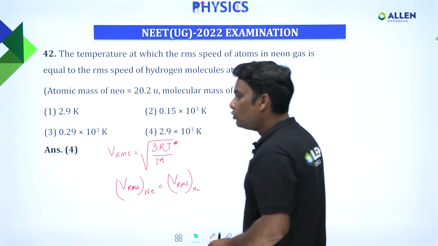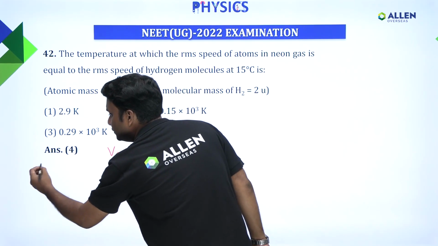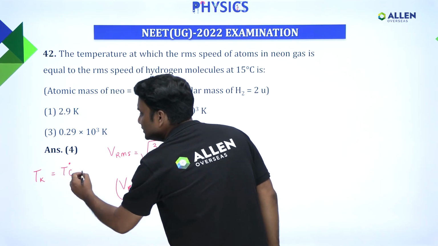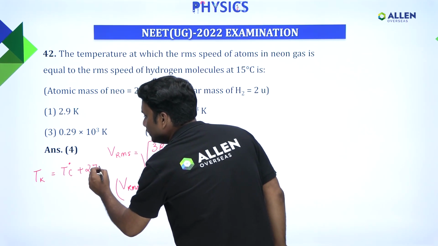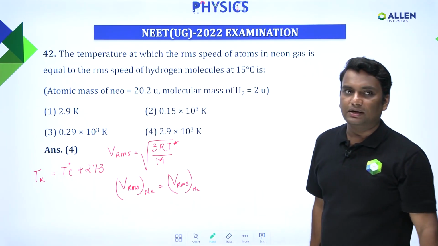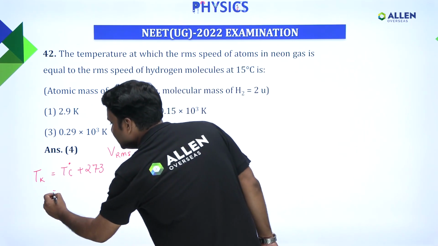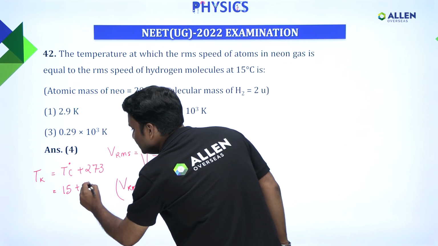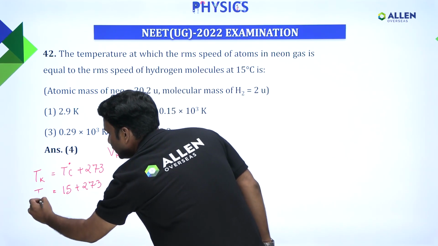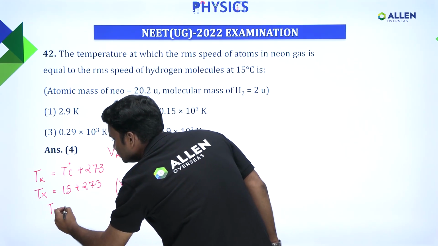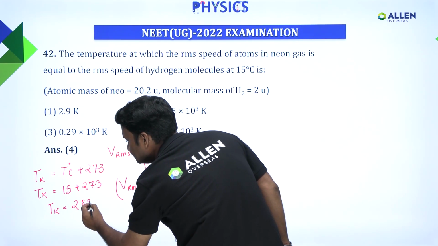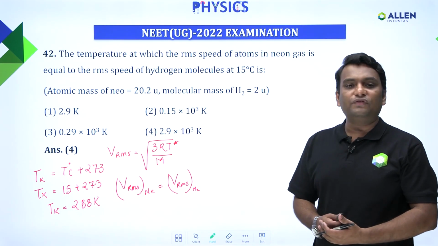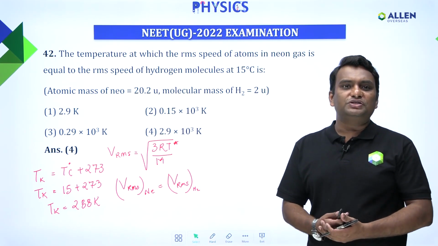To convert from degree centigrade to Kelvin, we simply add approximately 273. So 15 plus 273, the temperature in Kelvin comes out to be 288. Clear?